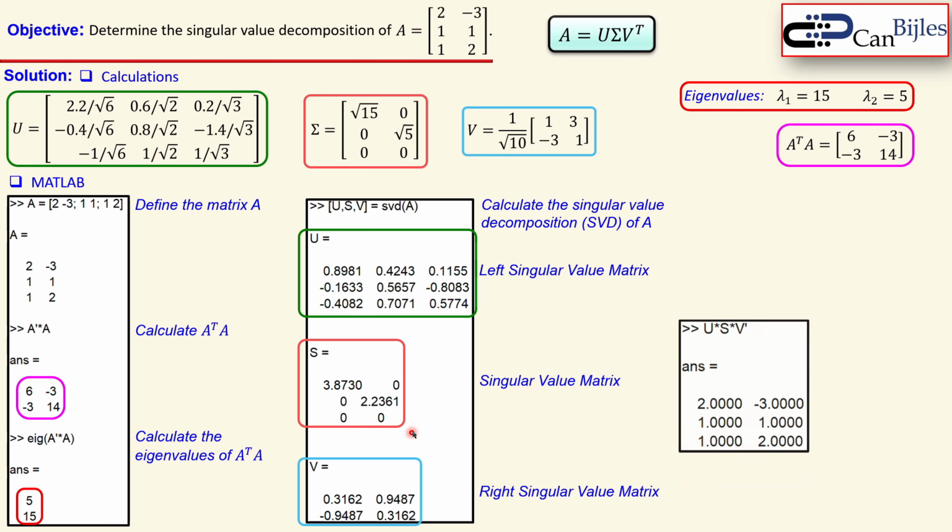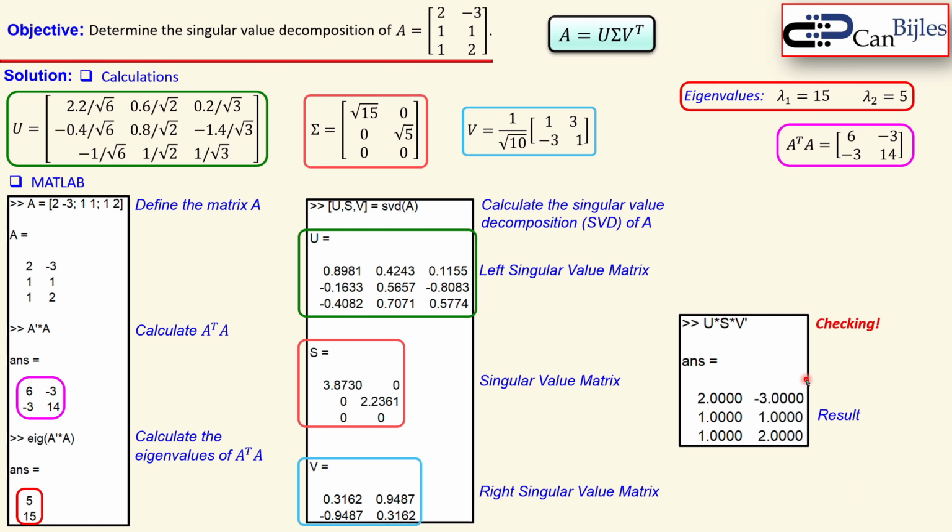Now we can make the check ourselves by using U times S times V transpose. So we have A tilde here, and the result is here. You see here 2, minus 3, 1, 1, 1, 2, which is as we had it before. So we can say this is indeed correct.